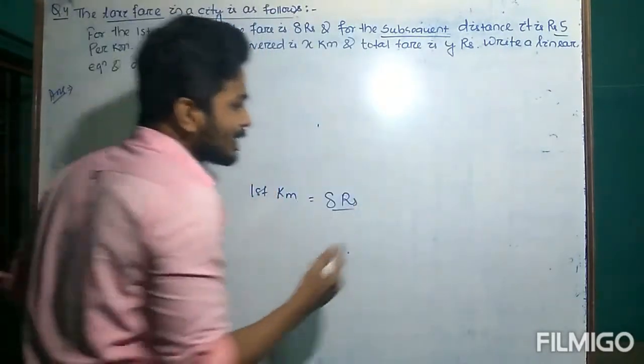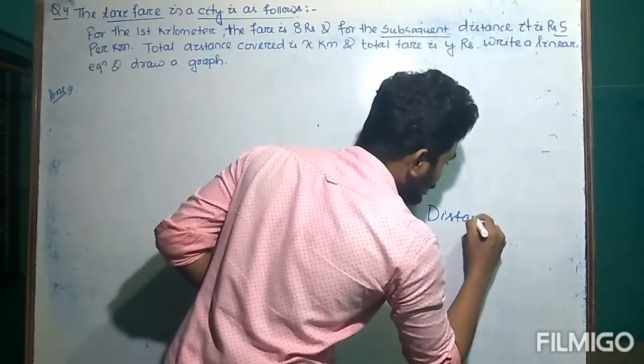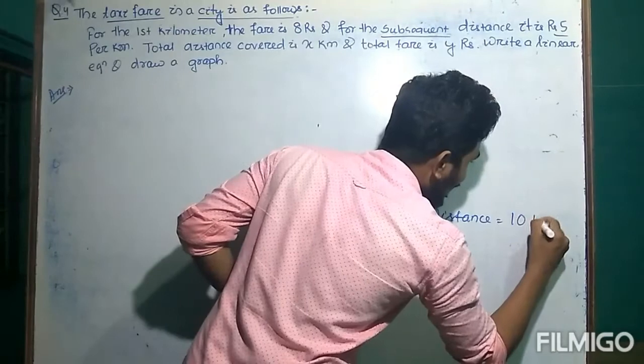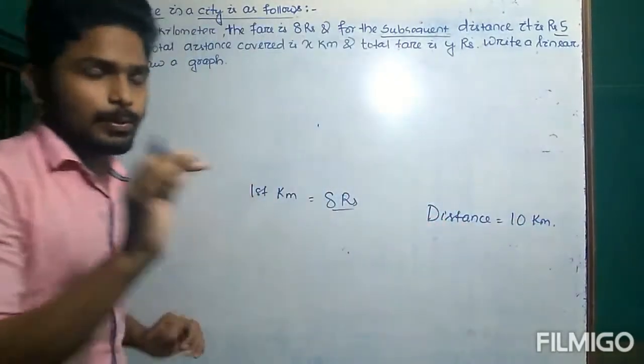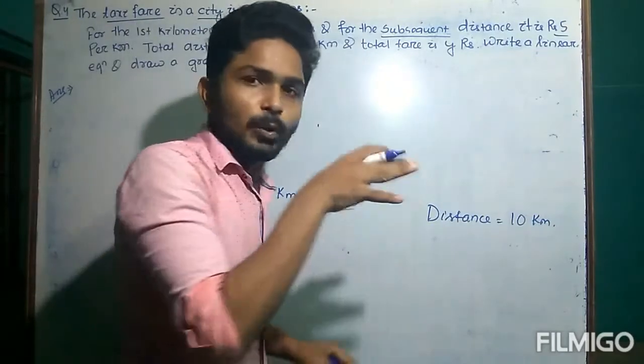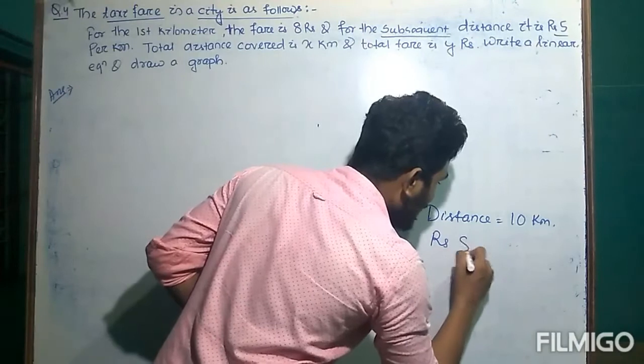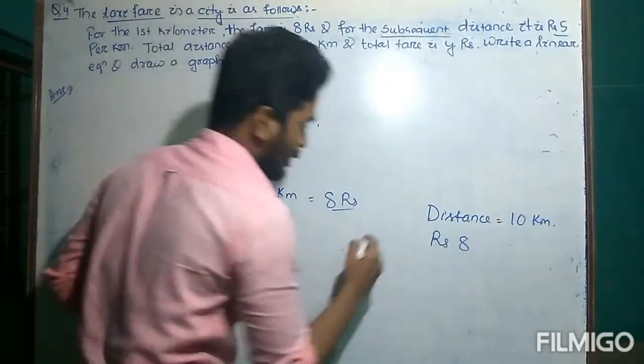Understood? Let me tell you an example. Suppose you have to cover a total distance of 10 kilometers, moving by taxi. So you have to pay rupees 8 for the first kilometer.